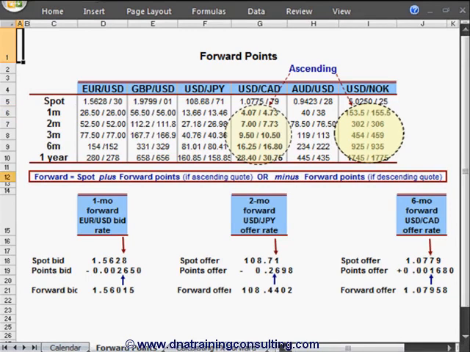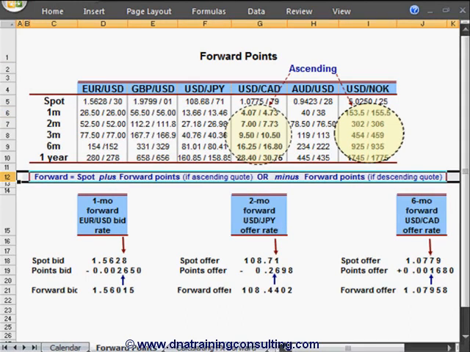A forward rate is equal to the spot plus the forward points if the quote of the forward points is in ascending order. In this case, the forward rate is said to be at a premium to spot, meaning the forward rate is greater than the spot.